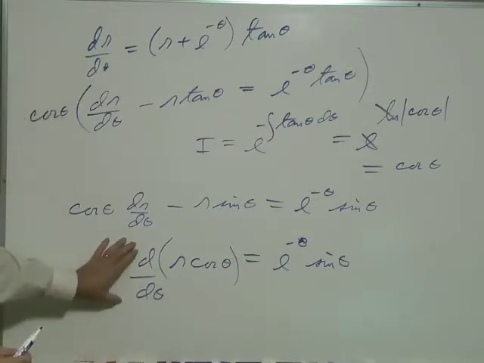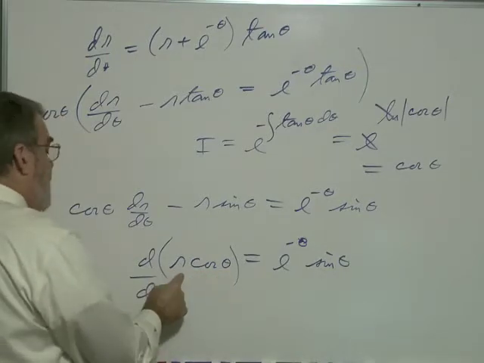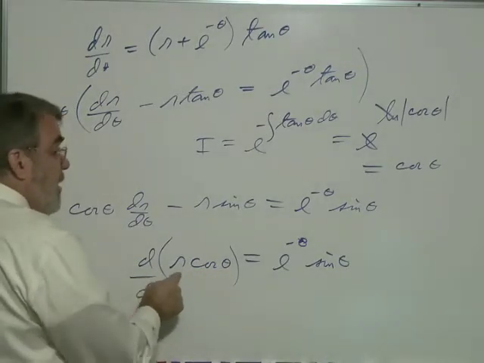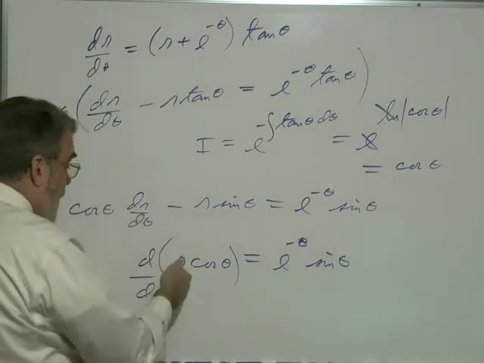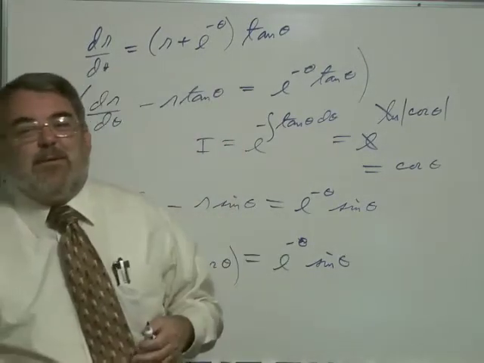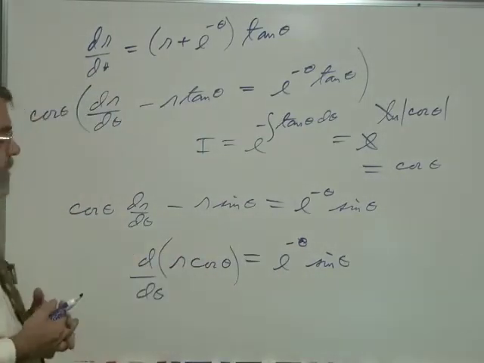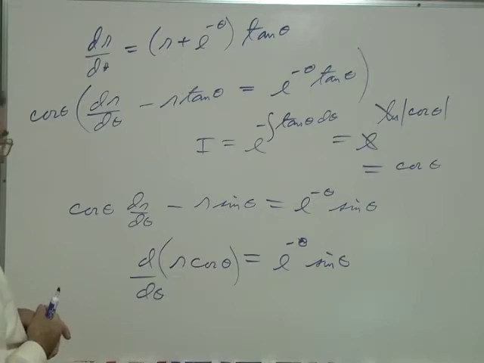So the left side is the derivative with respect to theta of the integrating factor times my function, r. R cosine theta, if you're pretty familiar with polar coordinates, you'll recognize that as simply x. I just thought I'd throw that in there. I don't think that's going to help us solve the problem.